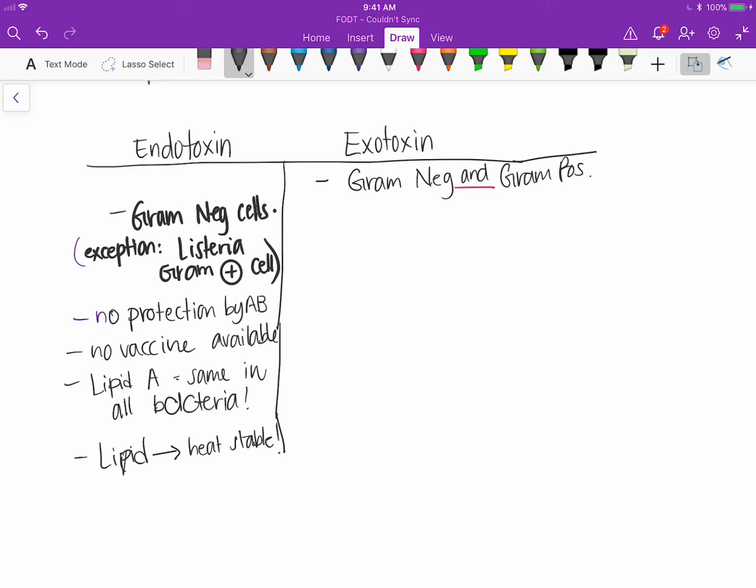Here you have gram-negative and gram-positive cells. We know that there is antibody protection. We also know that there is a vaccine, because if you have antibody protection, you can have a vaccine as well. And those vaccines are called toxoid.